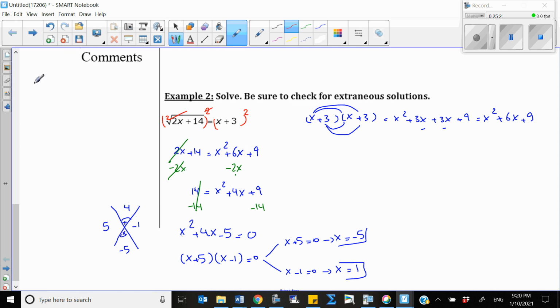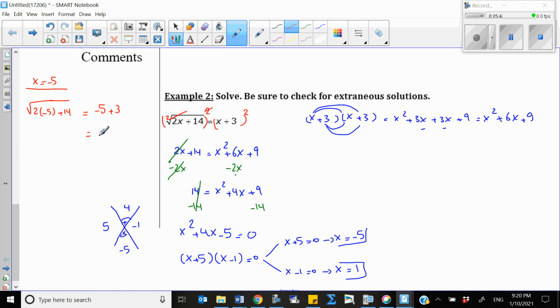So I'm going to plug them here. X equal to negative 5. I am going to plug that here. It will be square root of 2 times negative 5 plus 14. And the right side is negative 5 plus 3.